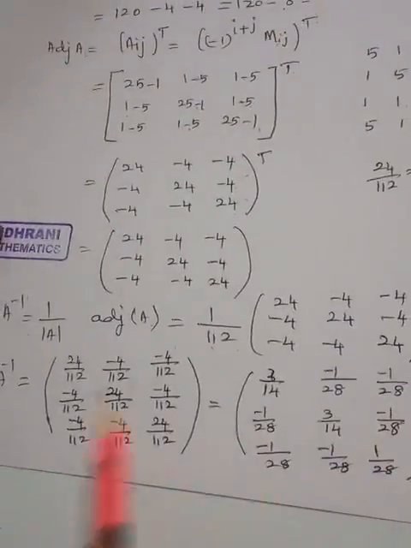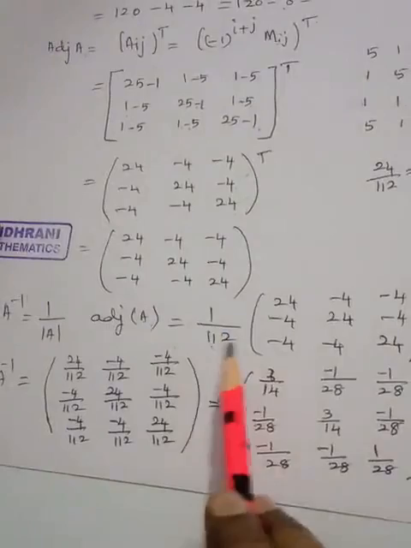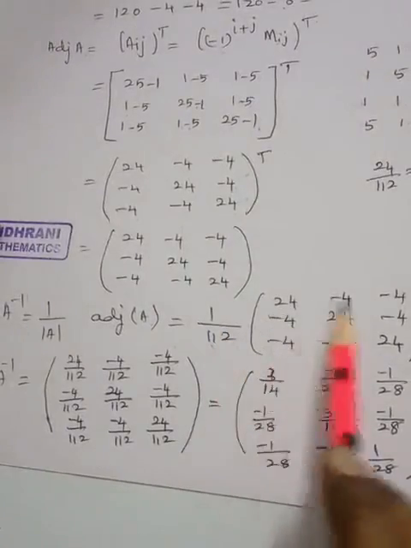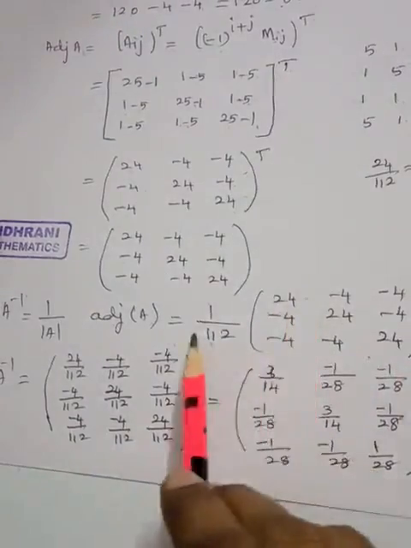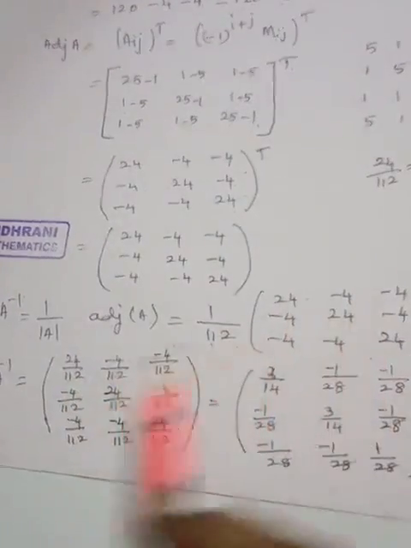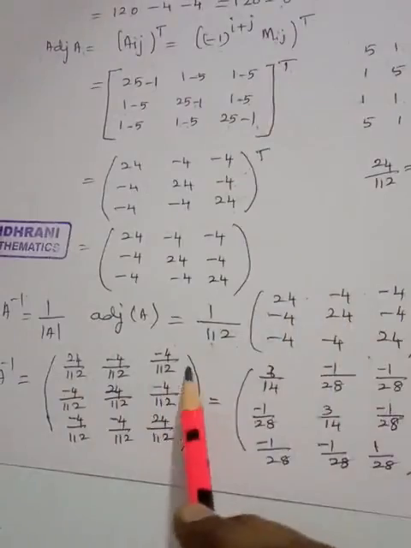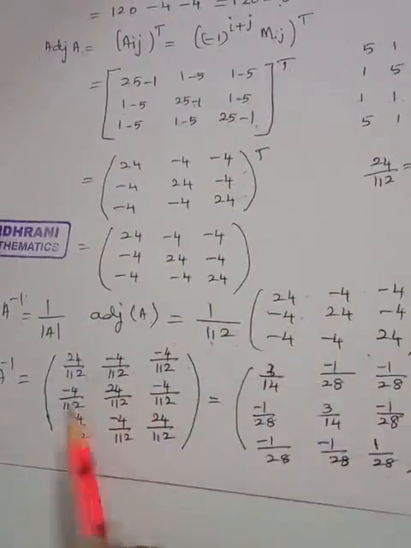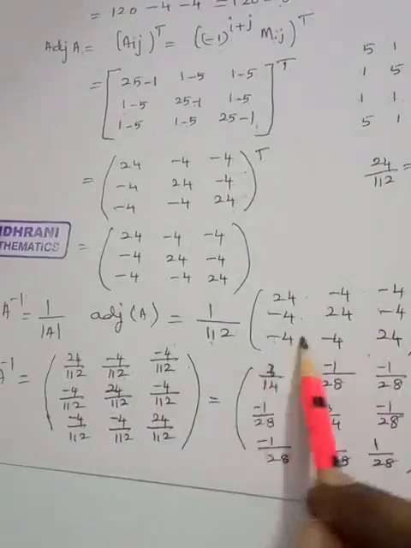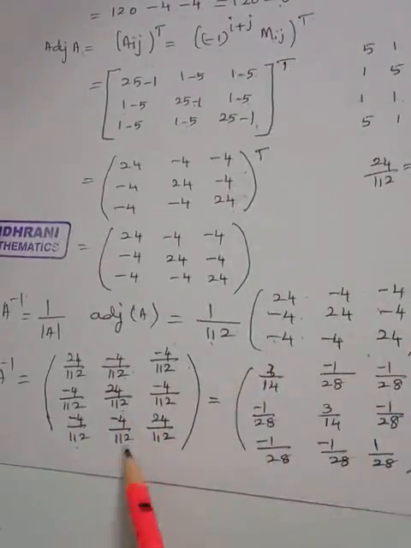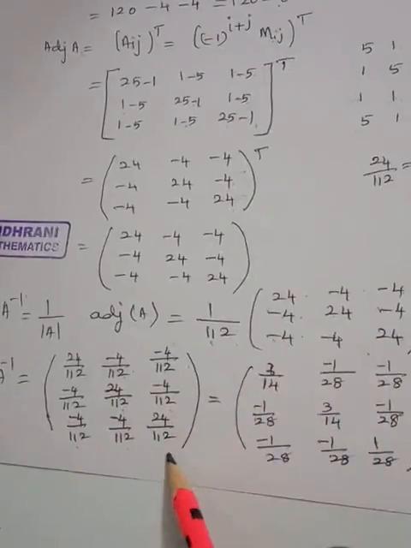Now bringing 1 by 112 inside, we want to divide each and every term by 112. You will get 24 by 112, minus 4 by 112, minus 4 by 112, minus 4 by 112, 24 by 112, minus 4 by 112, minus 4 by 112, minus 4 by 112, 24 by 112.